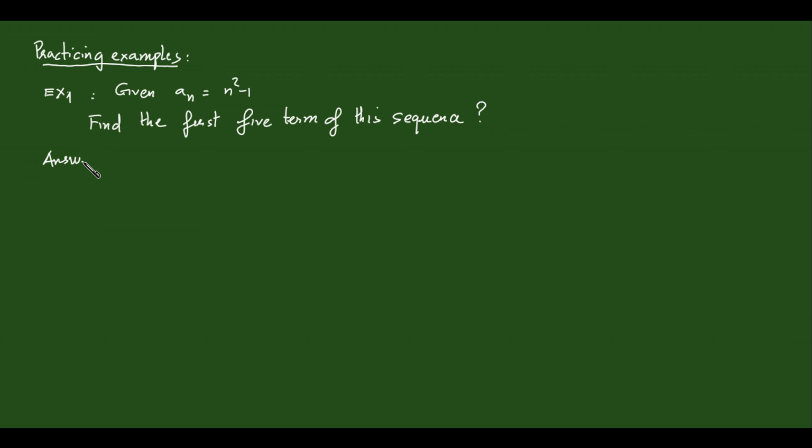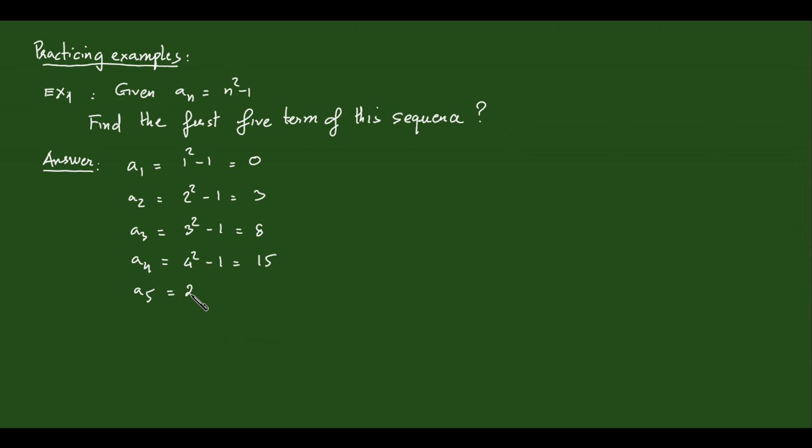Answer. This example is very easy. Find the first 5 terms, it means you want to find a1, a2, a3, a4, a5. So a1, with n equal 1, will be 1 squared minus 1, so it will be 0. a2 will be 2 squared minus 1, which is 3. a3 will be 3 squared minus 1, which is 8. 4 squared minus 1 is 15. a5 is going to be 5 squared minus 1, which gives you 24.